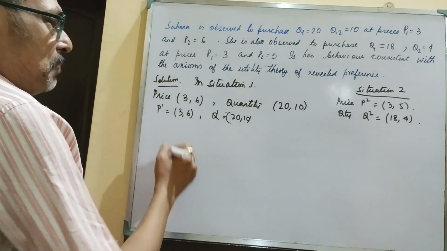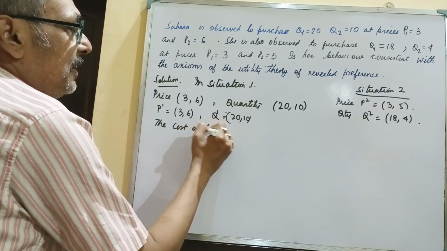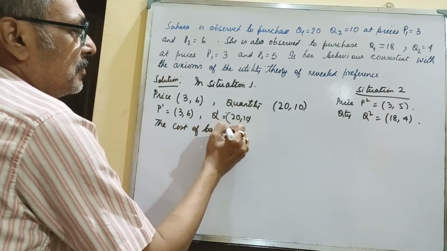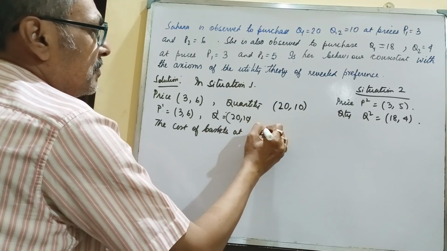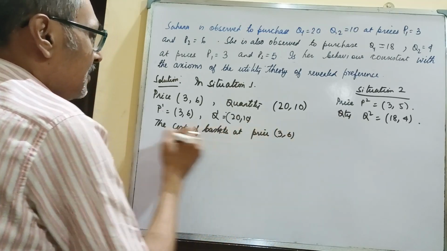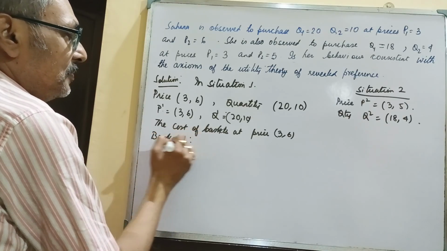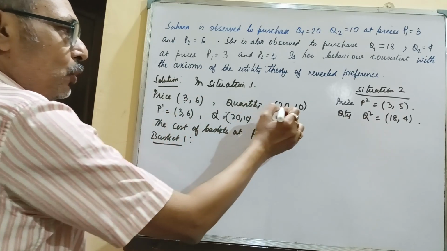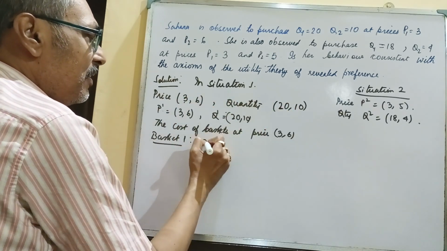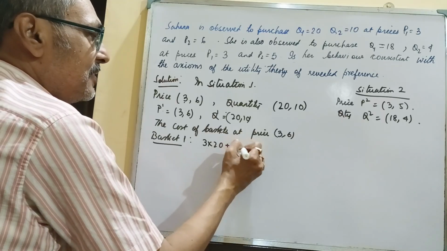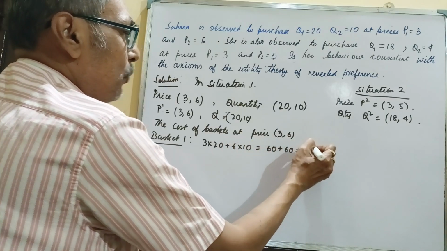Now the cost of the baskets at prices 3, 6. Basket 1: this is 3 into 20, price into quantity, this is the expenditure or cost, 3 into 20 plus 6 into 10, this is 60 plus 60, this is 120.